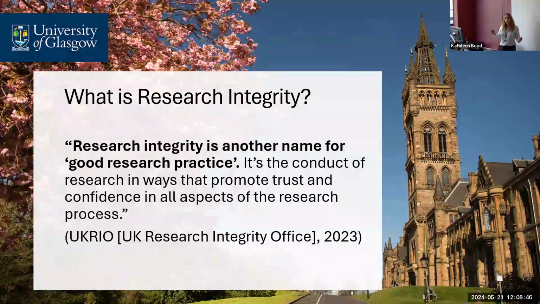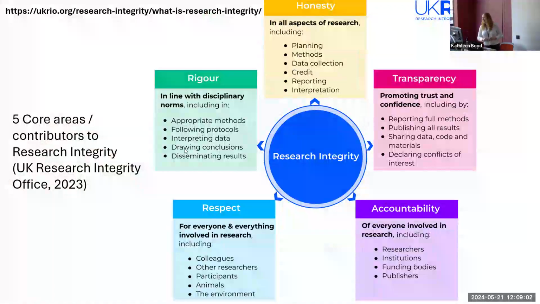It's not just relevant to one specific bit, or, as we quite often see in the examples from MVLS, a lab thing and manipulating data in a lab. It's relevant to the whole of the life cycle and across all disciplines. Need a clicker. This is from the UKRIO, the UK Research Integrity Office.